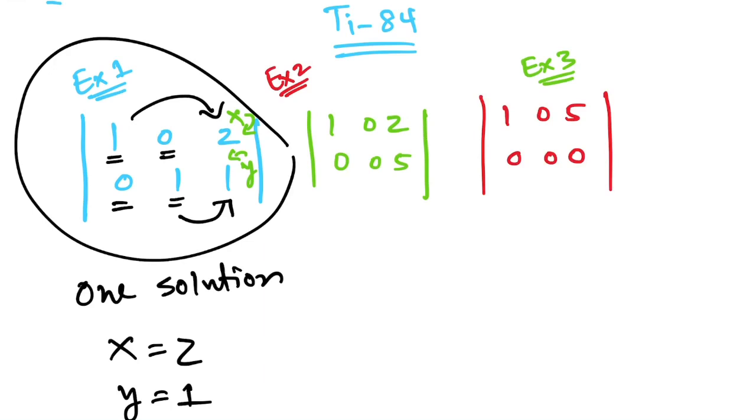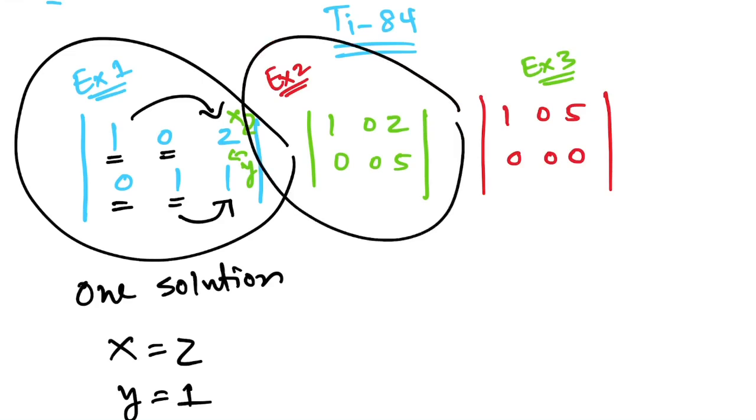All right, let's take a look at example number 2. Is it one solution, no solution, or infinitely many solutions? I will give you 10 seconds to think about the problem.